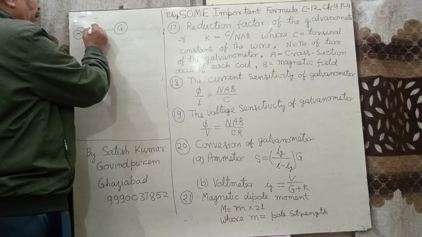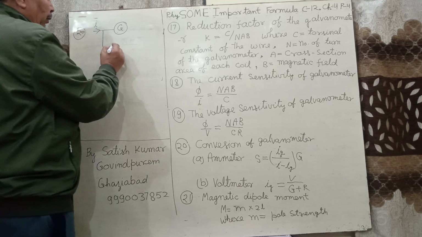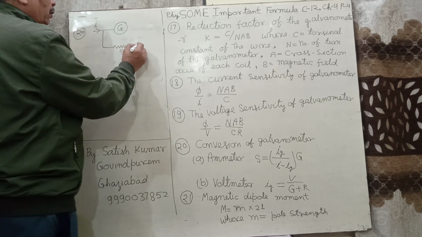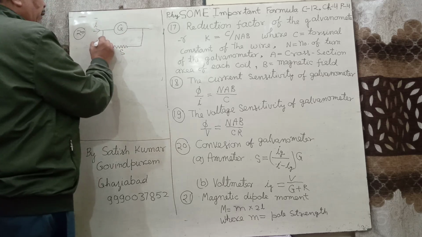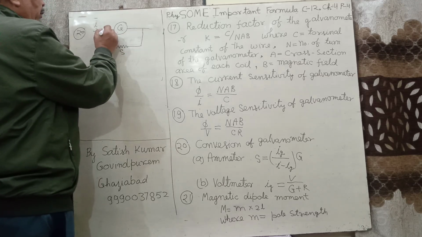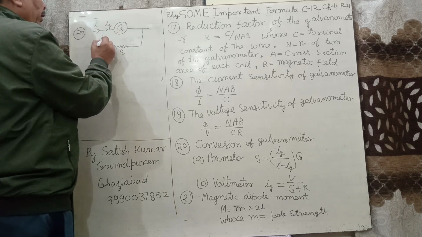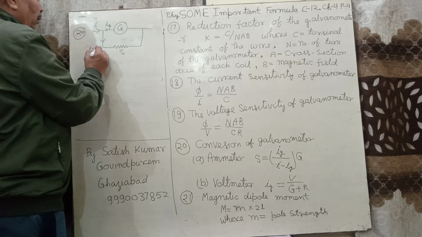Suppose this is the current I and this is the resistance S, and here the current is Ig and here the current is I minus Ig.